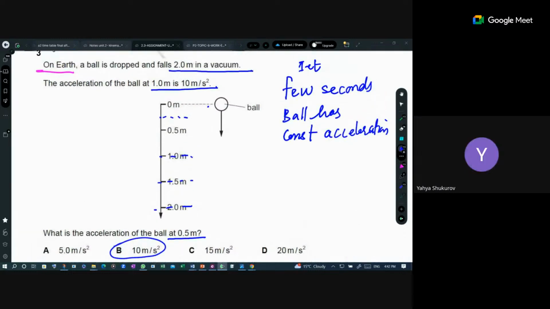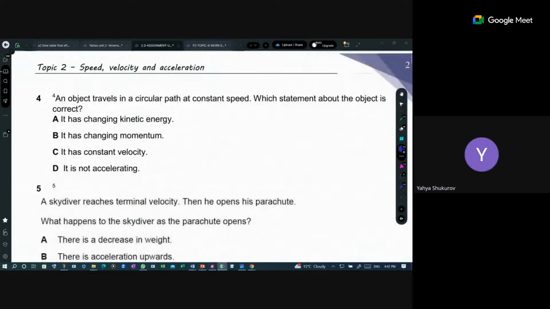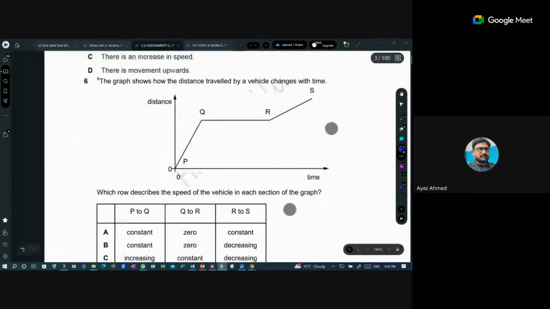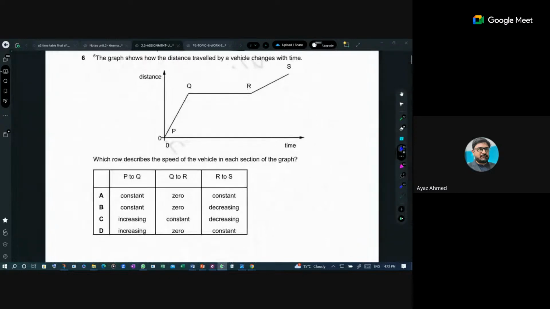Yeah, Hassan. Okay. Now let's talk about a graph question, then I will move to the next. In this question, a graph shows how the distance traveled by the vehicle changes with time. Which row describes the speed of the vehicle in each section of the graph?